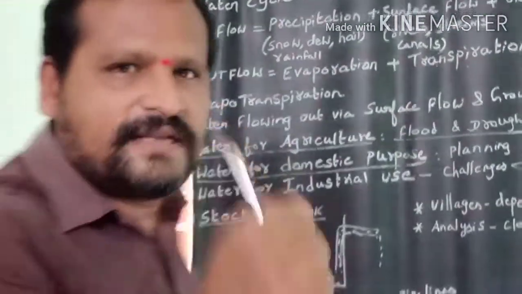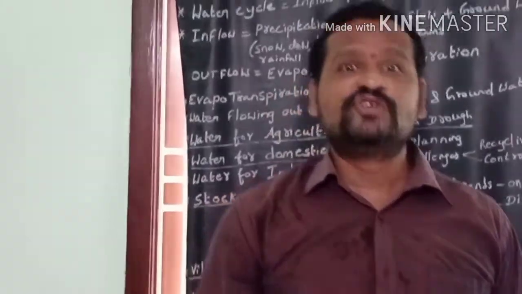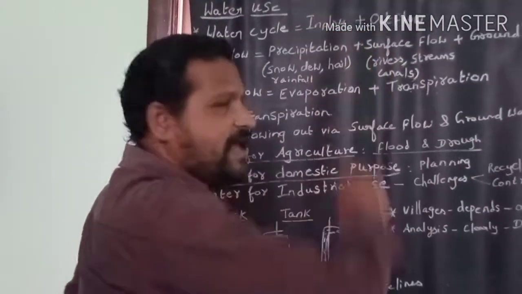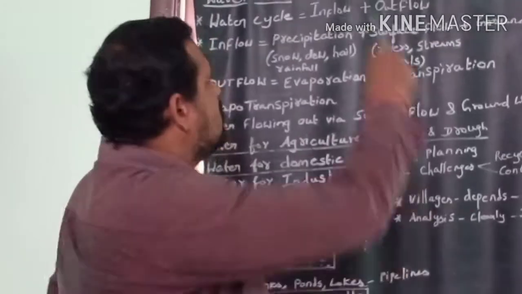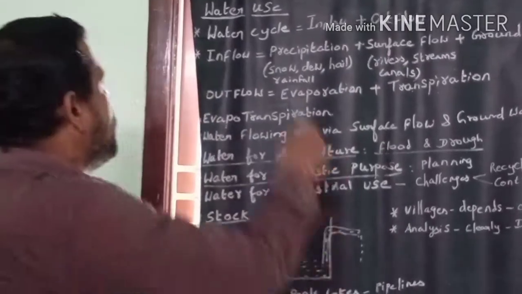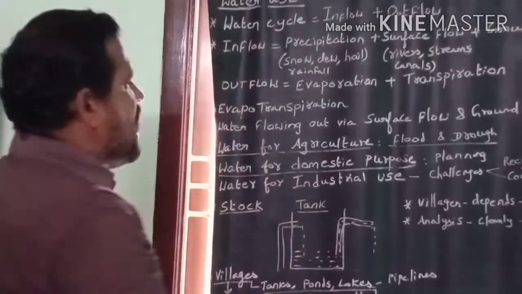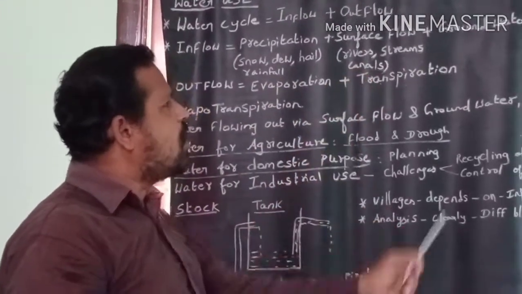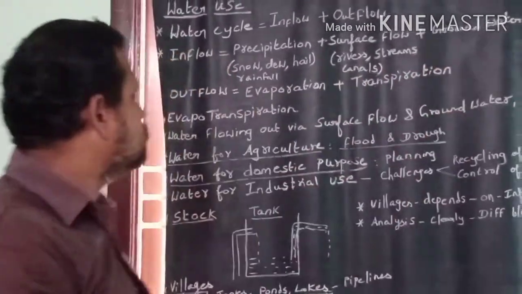Children, to estimate how much water is available in our region during the year, we should estimate the inflow of an area and the outflow of an area. To estimate the inflow of an area, we should estimate the precipitation, surface flow and groundwater flow.